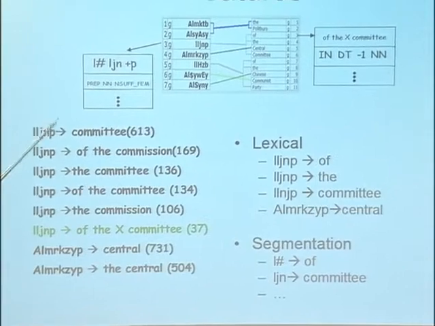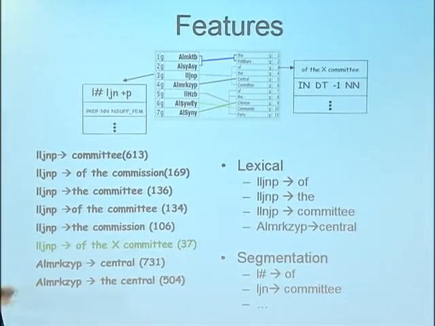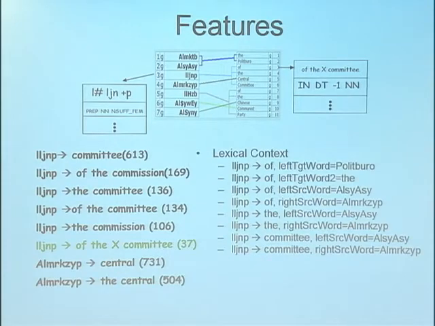Or is LJN producing committee, for example? Okay, these are all good things, right? They're much better than the Model 1 cost for LLJNP producing this phrase. Of course, you have millions of these. I think I have a breakdown at the end of the number in each feature category.